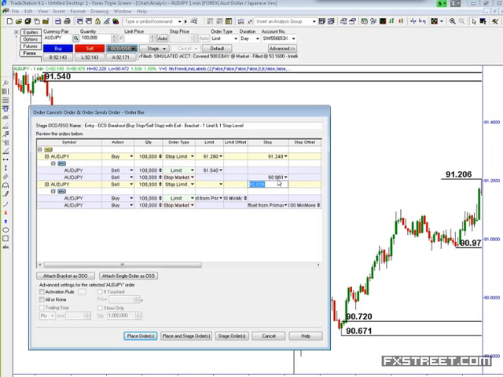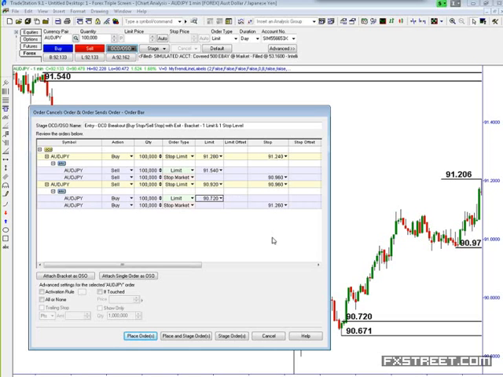My entry would be where we're breaking down, 90.96. And my stop market would be the opportunity to get out for a small loss above maybe 91.26. Oops, I forgot to put in the limit order, 90.92. And then my limit order would be my exit, which would be 90.72.